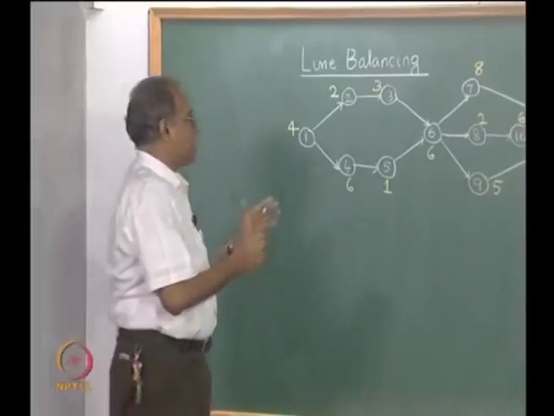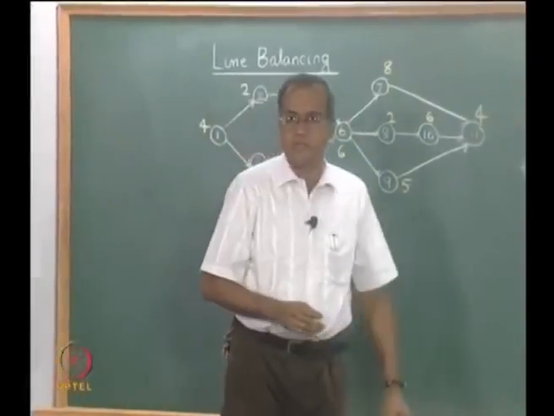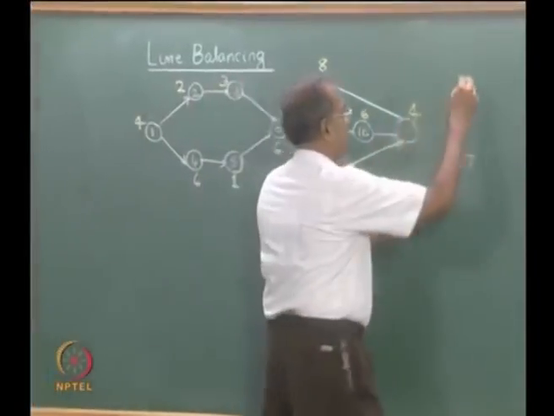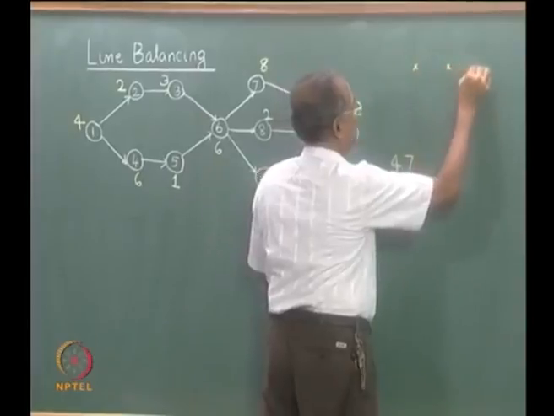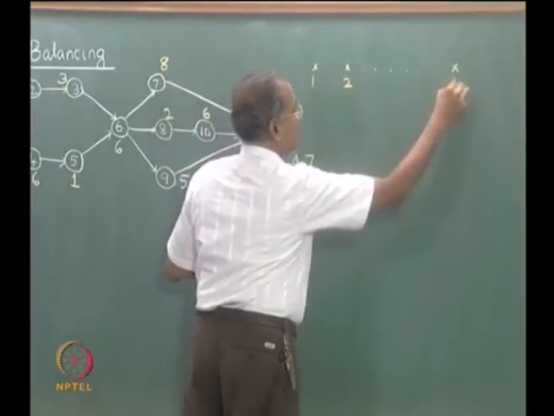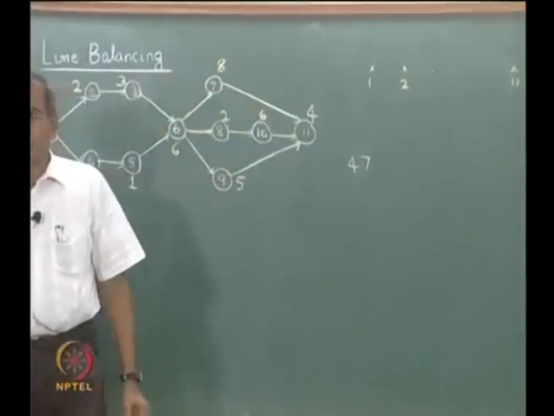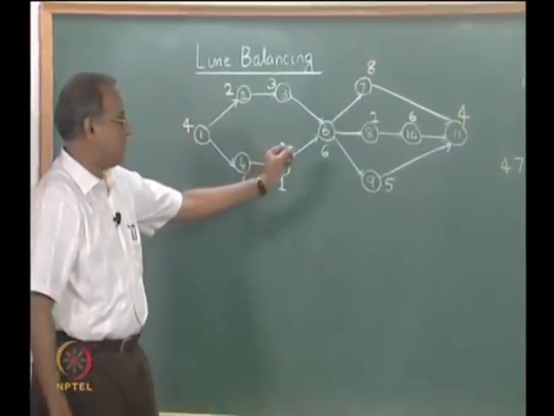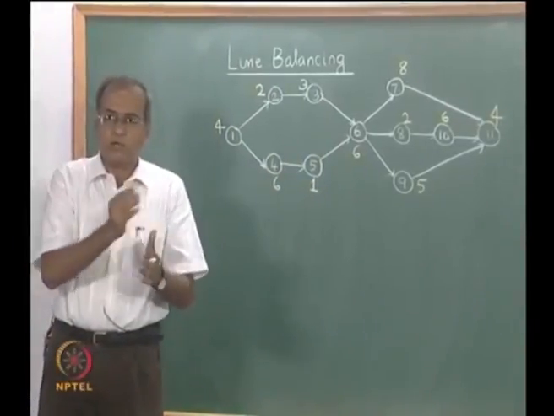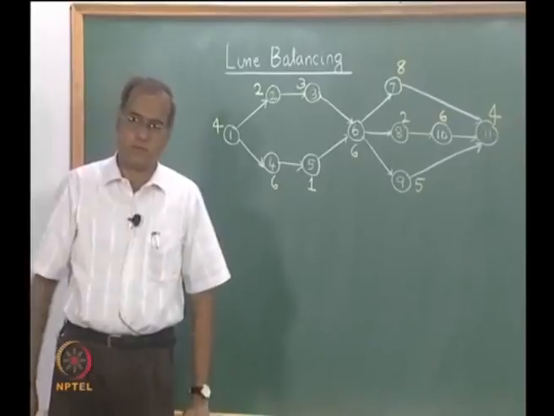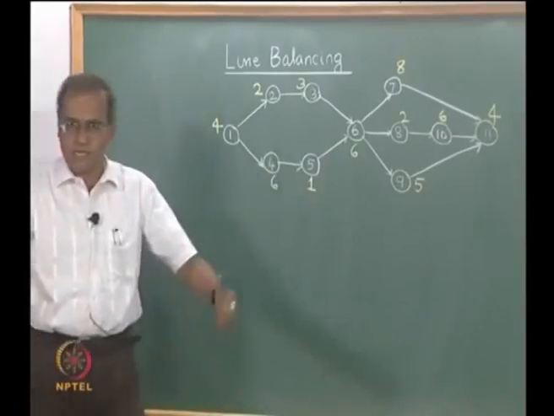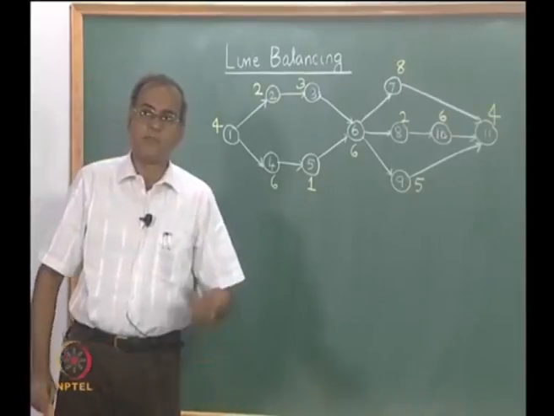So, if we imagine a situation where there are the 11 activities and there are 11 workstations or benches, say 1, 2, 3, 4 up to 11, we also assume in this example, as in every line balancing problem, that the order 1, 2, 3, 4 up to 11 is feasible.